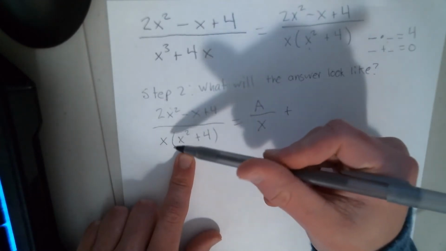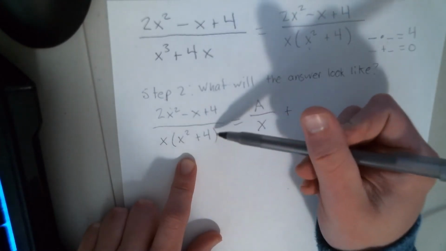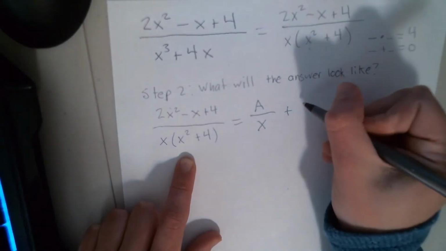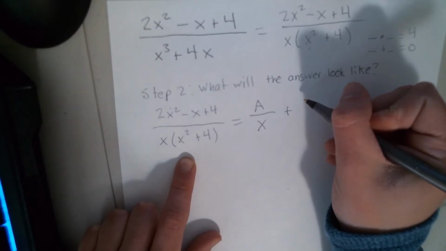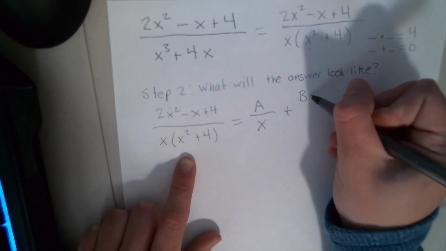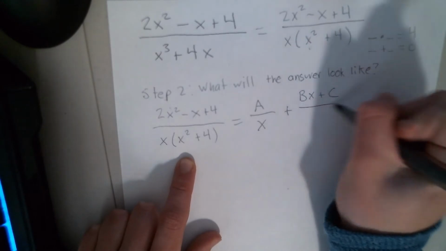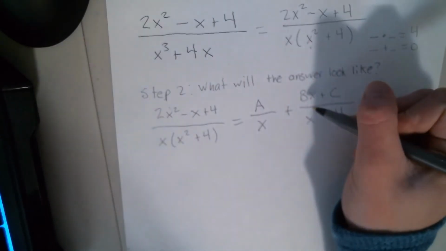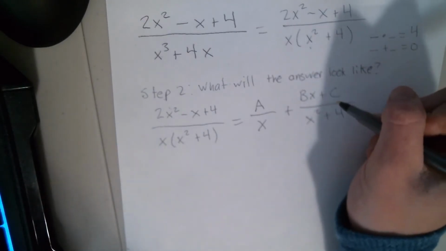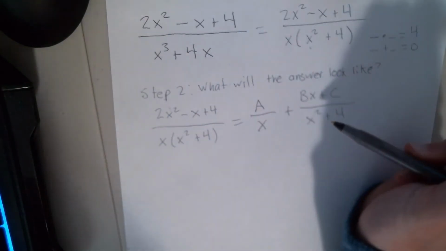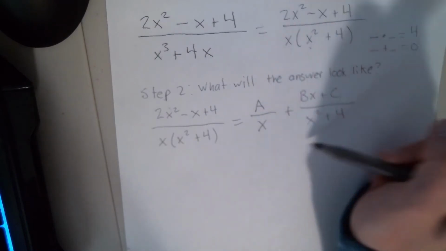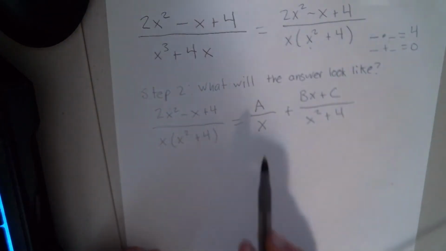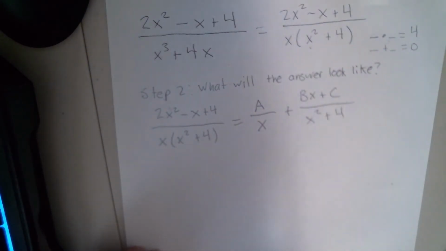When you have a quadratic in the bottom that doesn't factor, you will use a linear function on top of the fraction. So you'll do Bx plus C divided by x squared plus 4. You need to have a Bx plus C, otherwise you won't have enough things going on this side to be able to get this. So that's our step 2. We figured out what our final answer should look like.